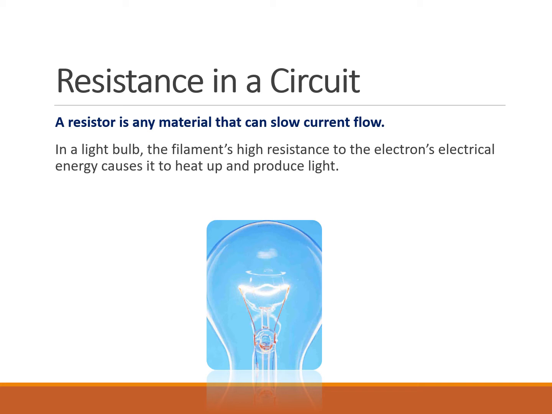So this looks like a picture of an incandescent light bulb. Now, incandescent light bulbs act as resistors. This filament that's right here is the thing that primarily resists the flow of electrons. And what happens is that resistance allows the electrons to lose some of their energy, and this energy is rerouted into different forms of energy. And so obviously what we get is light.